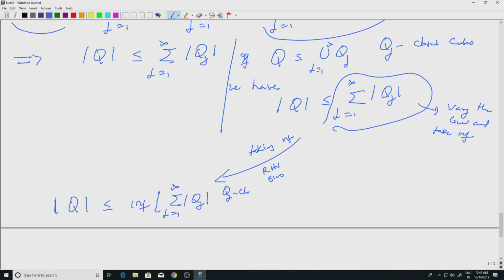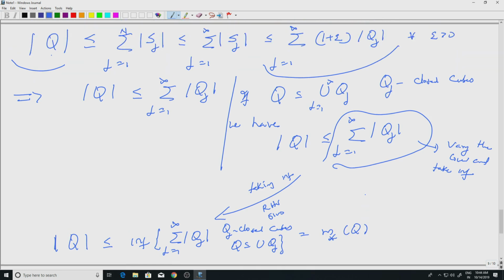Qj closed cubes and Q is contained in union Qj, right. That is how we started with. So, you are taking infimum over all such collections, which is the definition of m star of Q.